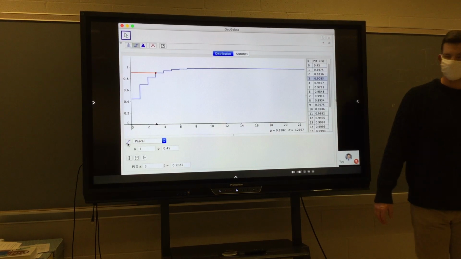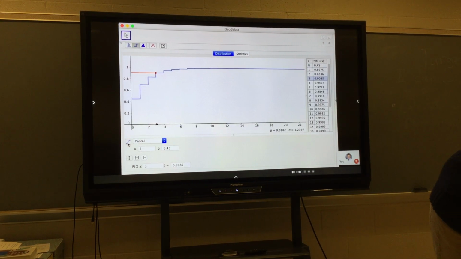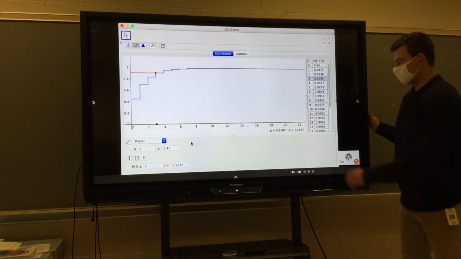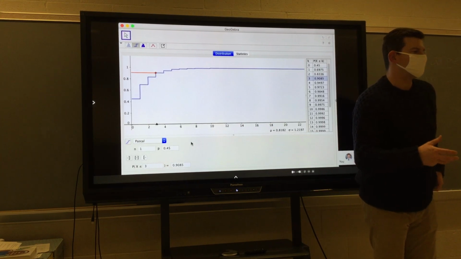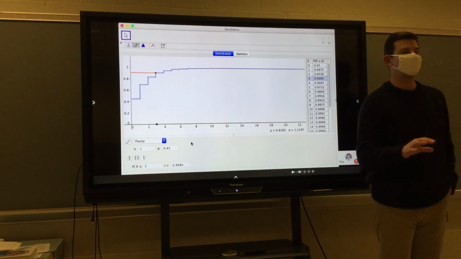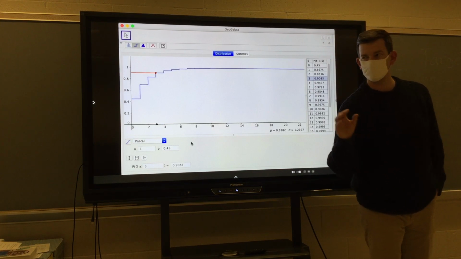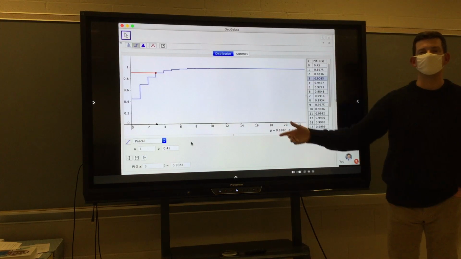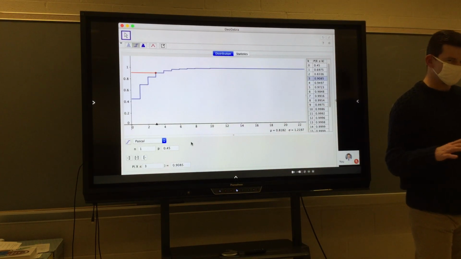Okay. Another word of caution about using GeoGebra, these numbers down here, mean and standard deviation, they are not the mean and standard deviation that we need for a geometric distribution. Okay? We have this slightly different interpretation which affects those numbers. So it's kind of a good news, bad news scenario.